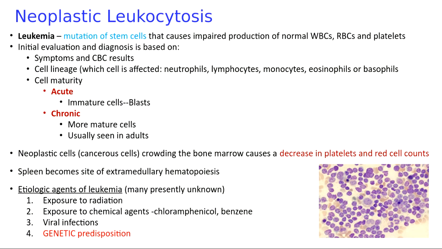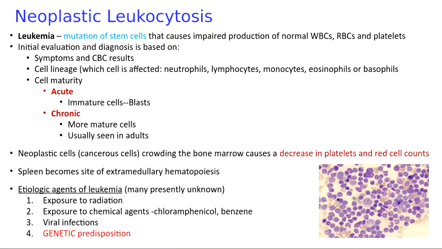Whenever they are classifying the leukemias, when they are trying to figure out what it is, if they know which cell is affected, they can target the chemotherapy. They can set the chemotherapy to affect that lineage, the cells that are sick, whether it's a monocytic leukemia, a lymphocytic leukemia, or a myelogenous leukemia.